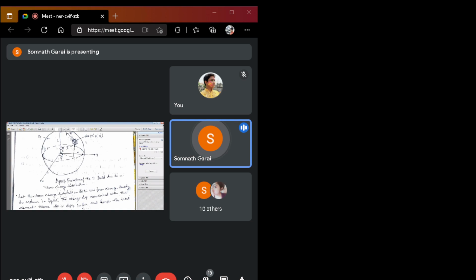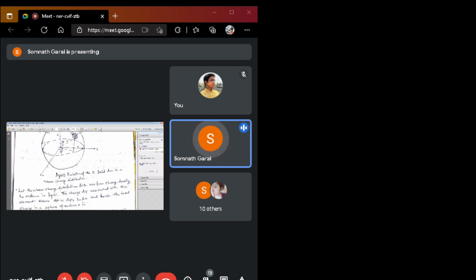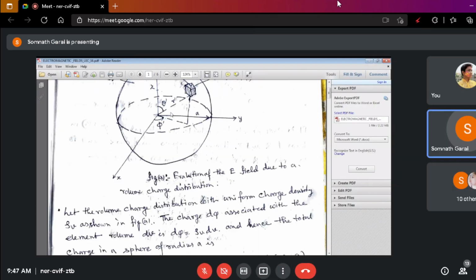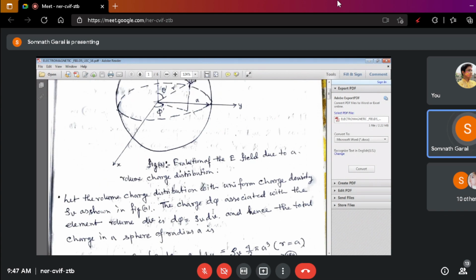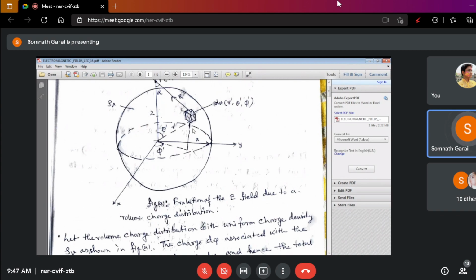If we determine the mathematical expression of dq and then integrate over it, we get the total charge of the volume. The charge dq associated with the element is related to dv.